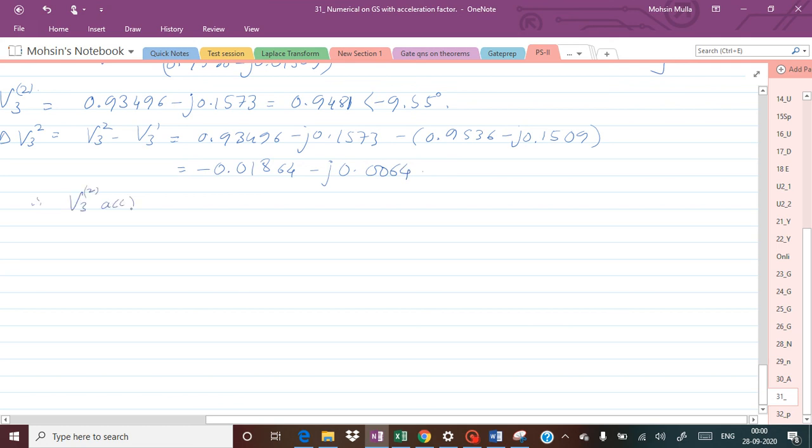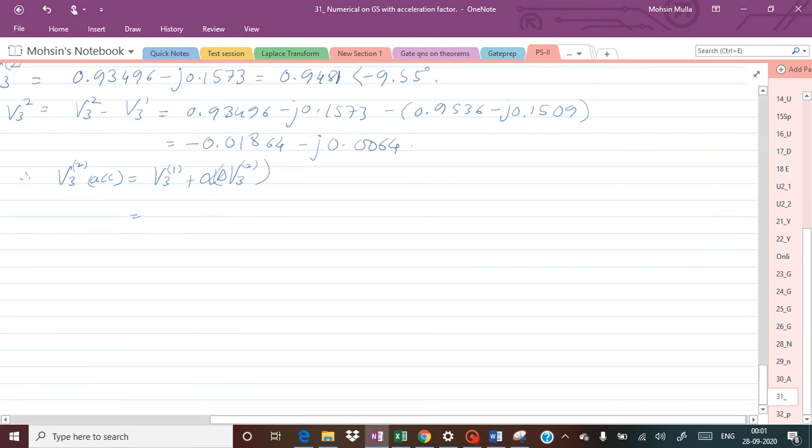Therefore V32 accelerated will be equal to V31 plus alpha times del of V32.